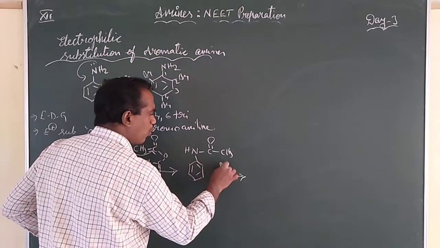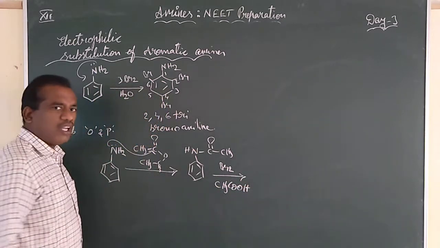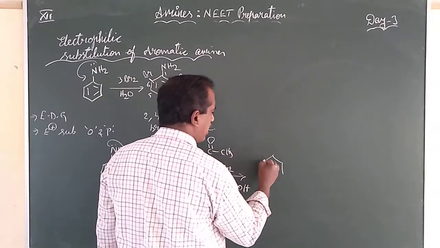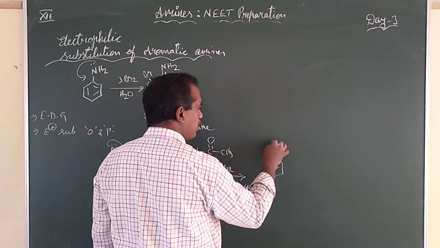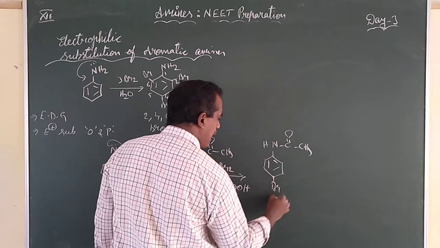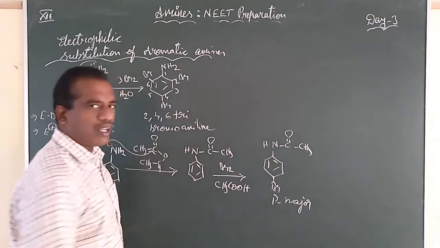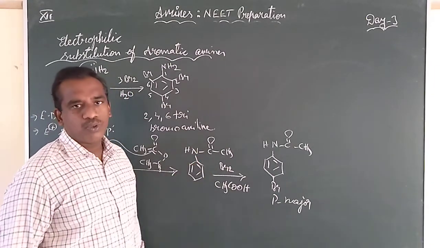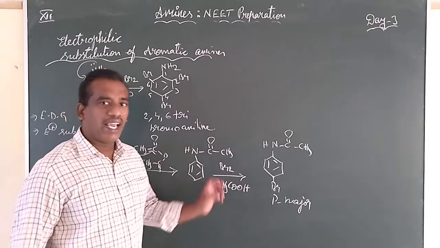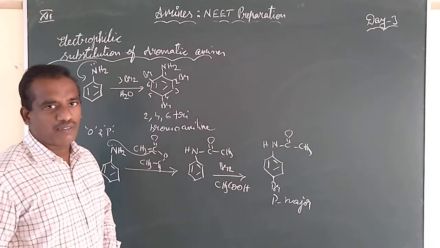So once you add the bromine in presence of ethanoic acid, you will not get all three substitutions. You will get a substitution of bromine either at the para position or at the ortho position. Para is major, because at ortho the bromine cannot attack due to the bulky acetyl group bonded to the nitrogen. So keep in mind, the acetyl group or acetic anhydride helps in protection of nitrogen.